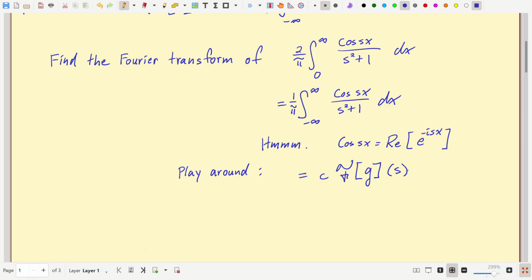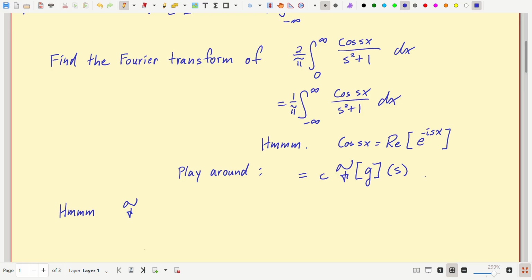And if I have to apply the Fourier transform again to that, so I'm supposed to find the Fourier transform of that function of s, you think some more. I want to apply the Fourier transform.